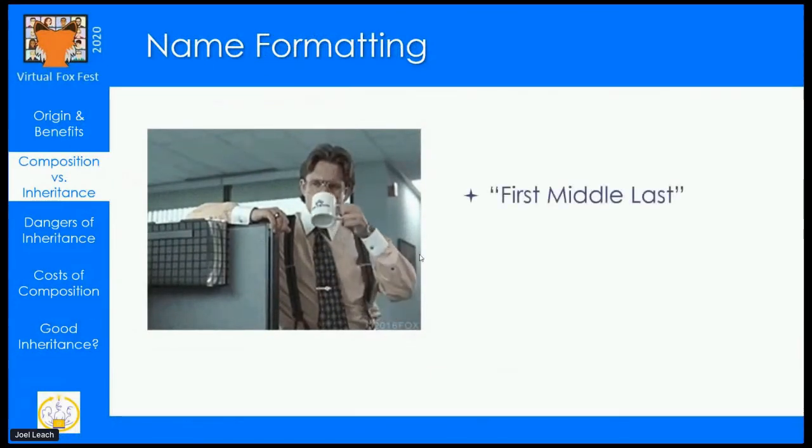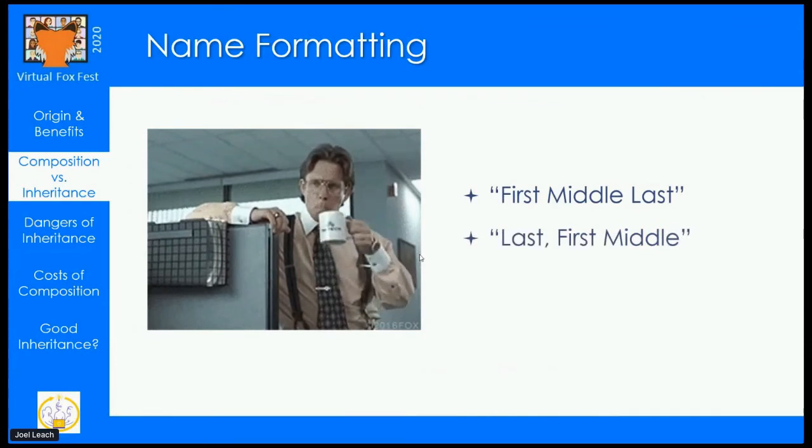So currently, names are displayed in the system as first, middle, last. And that's great, but we found that there are certain parts of the system where we need to display in a different format, last, first, middle. So the application needs to support both methods of formatting the name.